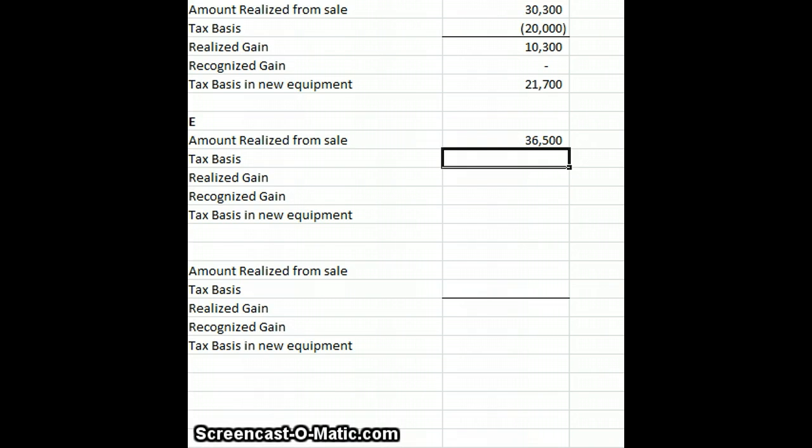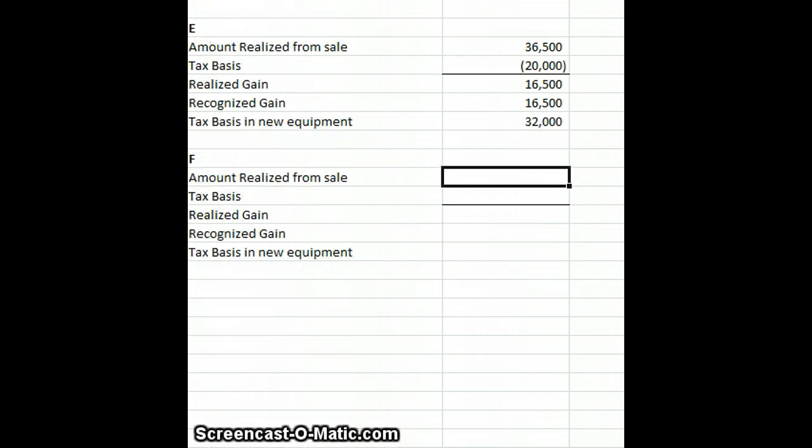My old tax basis was the same, $20,000, which means I have a realized gain of $16,500. Because this is a taxable exchange, I have a recognized gain of $16,500. And my tax basis in the new equipment is going to be $32,000, the fair market value of that equipment.